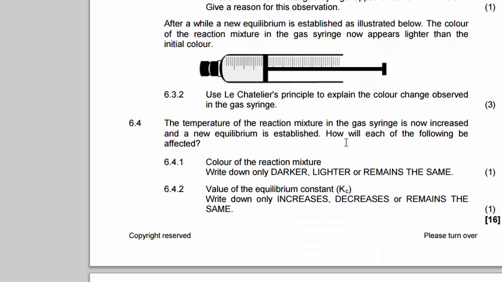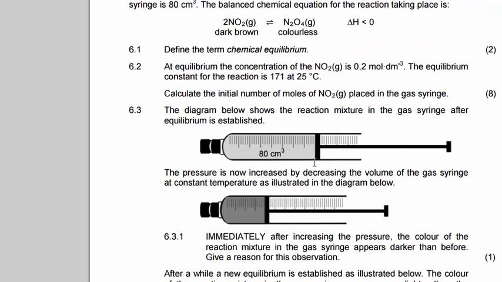Okay, the temperature of the reaction mixture in the syringe is now increased and a new equilibrium established. How will each of the following be affected? The color in the mixture, will it be darker or lighter? It depends, am I going to shift to the left or to the right? Is this endothermic or exothermic? Exothermic, which means heat is a product or reactant?